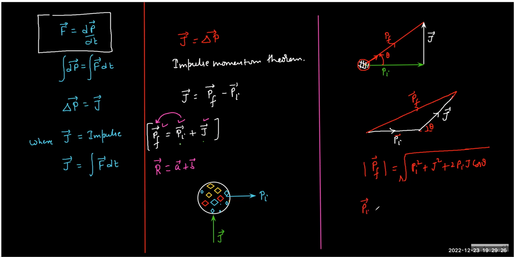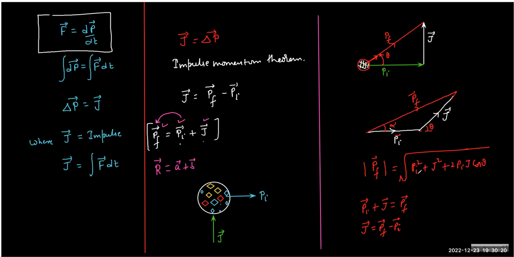PI plus J is PF. If I call this angle as alpha, so J is how much? PF minus PI, correct? So J is PF minus PI, and therefore the mod of J will be how much?